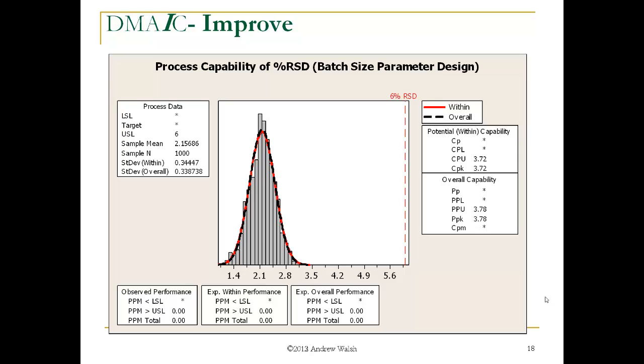So now with the new data, we again compare it to the 6% RSD, and we see a CPU of 3.72 and a CPK of 3.72. Definite improvement in the process capability. So within a few clicks, we can determine which direction we need to go in with that one parameter. If we increase that parameter, we will get much better results.